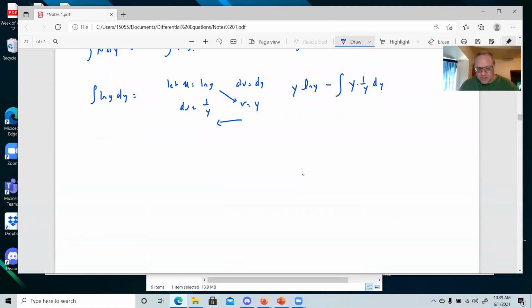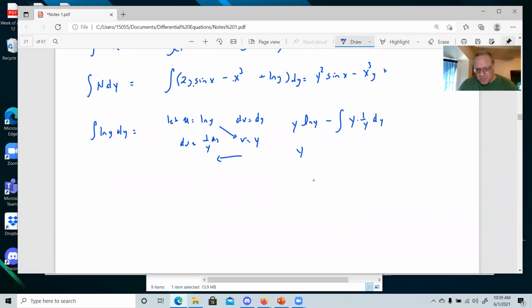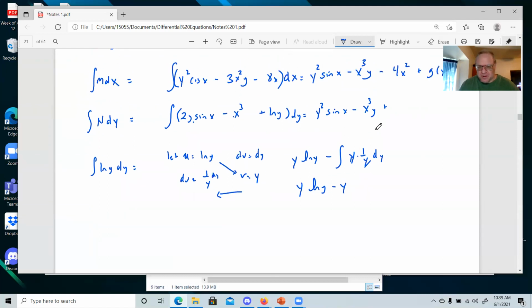So this was y ln y, these two guys cancel, so it's a nice integral. The integral of dy is just y. So that's this one. So we're going to have plus y ln y minus y, plus some function with just x's in it.